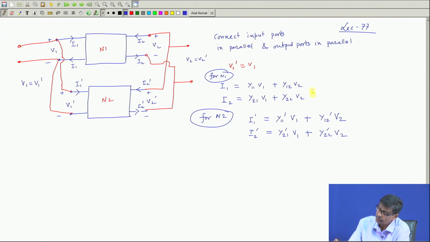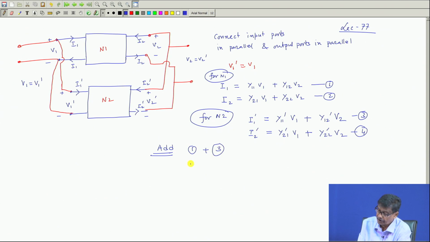Now, if you call these equations 1, 2, 3, 4, then add 1 plus 3.